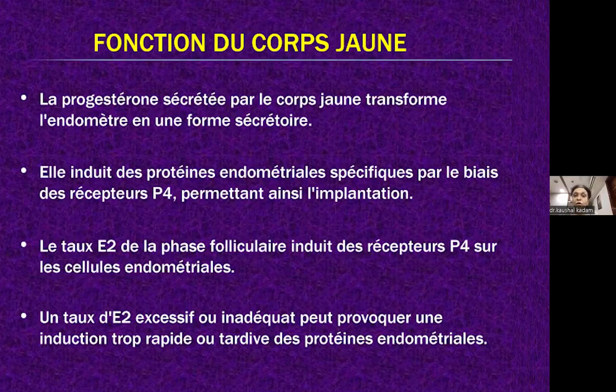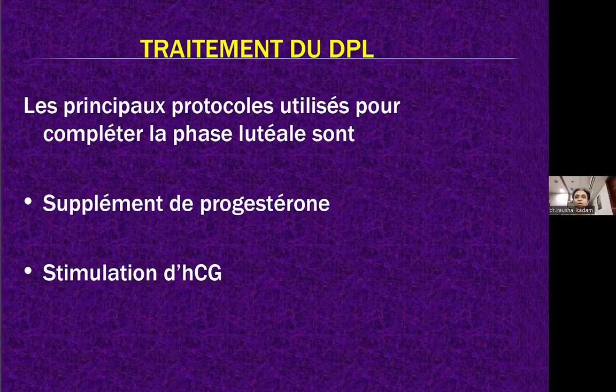So excessive or inadequate estradiol will induce either too early or a delayed induction of the endometrial proteins, and that causes the corpus luteum function to go into disarray. So a fully functional corpus luteum is a very important prerequisite for a normal progress of early pregnancy.